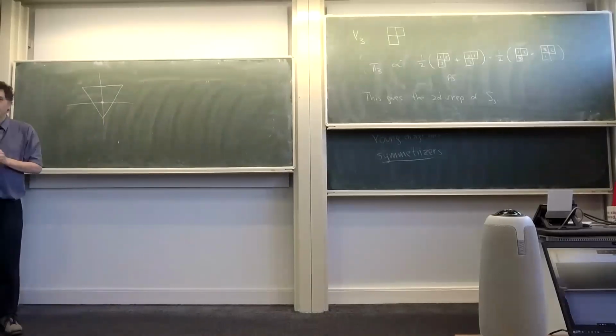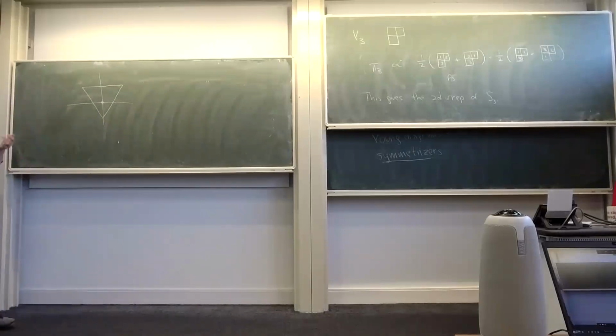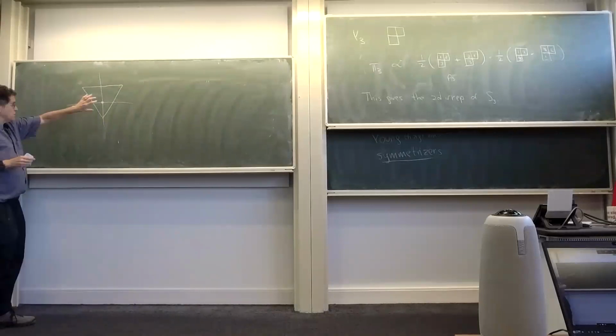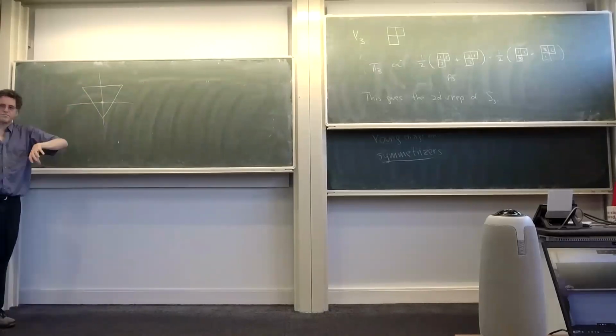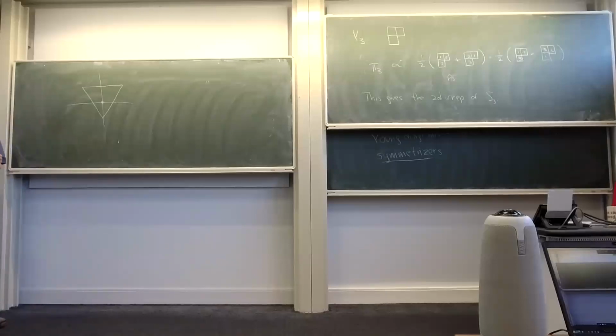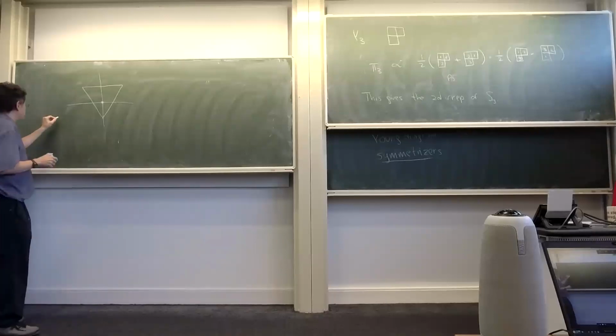The great thing about an equilateral triangle is its symmetry group is S3. It has 3 vertices, you can permute them. So S3 acts on this triangle and therefore it acts on the plane, just by carrying the plane around with the triangle. Imagine you drew a triangle on a piece of cardboard. And so it's acting on R2.